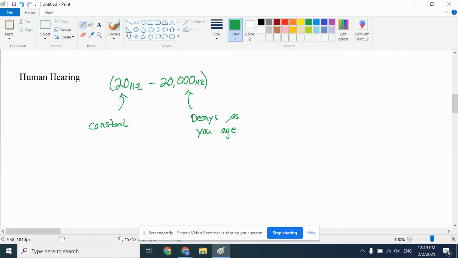Because although it decays, human speech is around 400 to 1000 hertz, and that upper level never gets close to 1000. Me, for example, at age 34, my cutoff is around 15,000 hertz, and I get through my everyday life just fine.